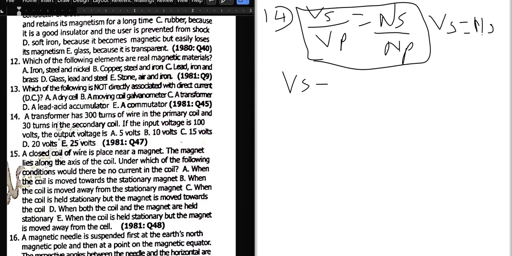Secondary voltage will be equal to secondary turns times primary voltage over primary turns. All right, and your VP is 100, your NS is 30, and your NP is 300.